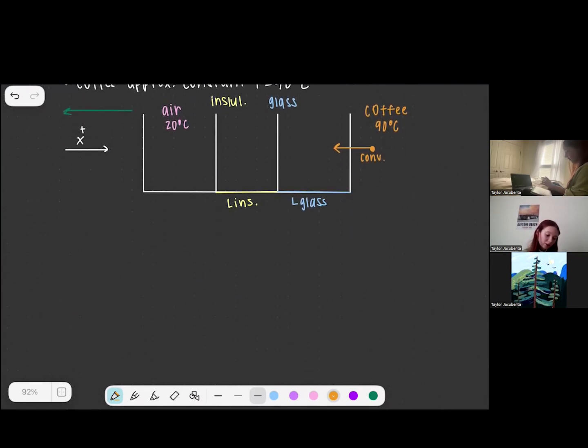And we can write that down here as the Q convection for our coffee is equal to the height, which we will describe as H, times the area and the relationship between temperature and time, evaluated at X equals length, which is going to be X equals L here.